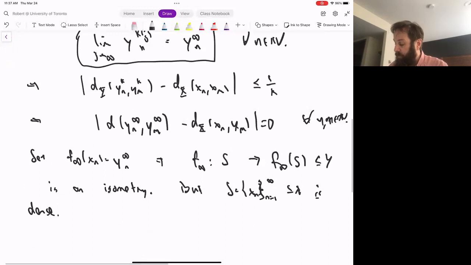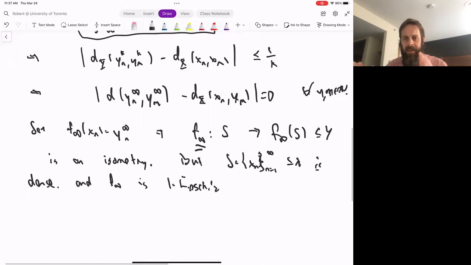And F infinity is 1-Lipschitz because of the isometry condition. So you can simply extend F infinity to the whole of X and still get an isometric map.